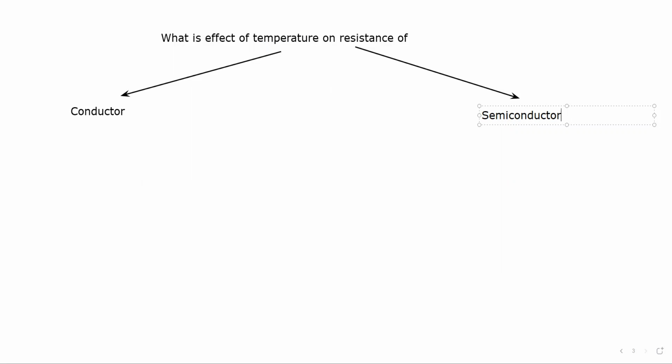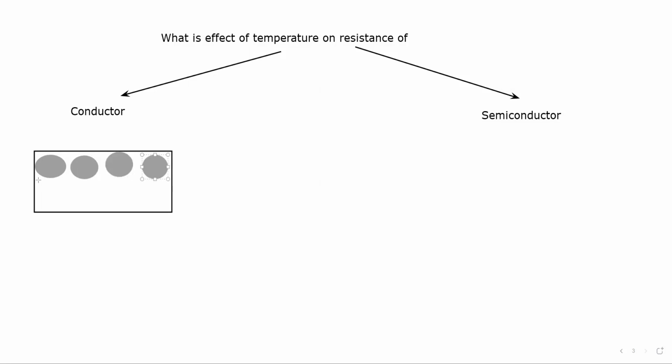So the structure of a conductor consists of a lattice of the positive ions and the delocalized electrons.